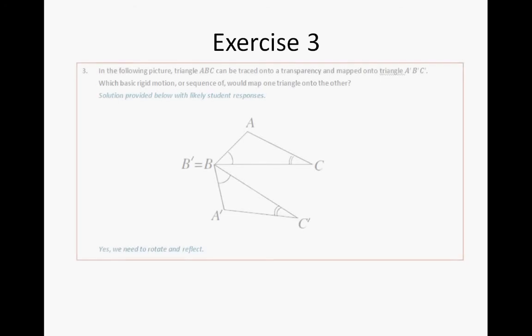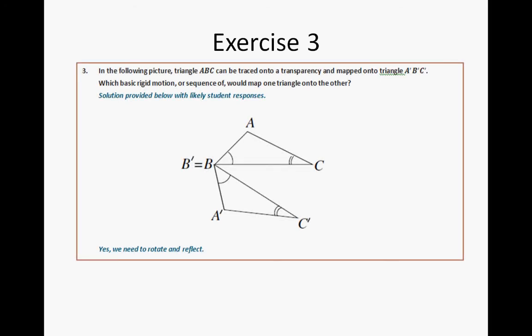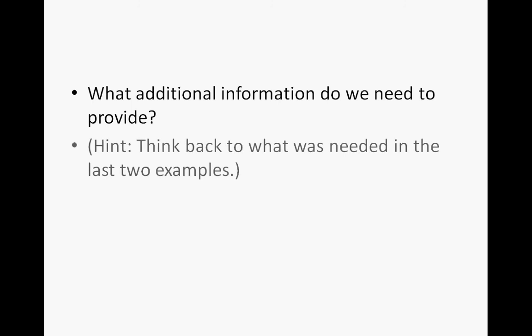All right, so you should have rotate and reflect. So you're going to end up rotating the triangle and then reflecting it. So what additional information do we need to provide for this? Well, we have to think back to the last 2 examples.